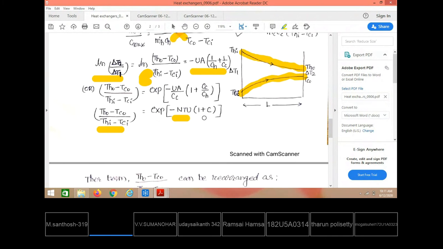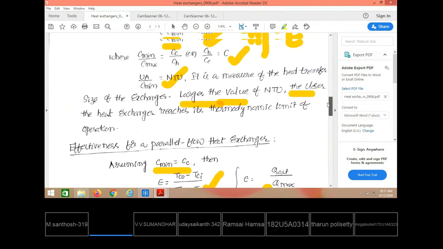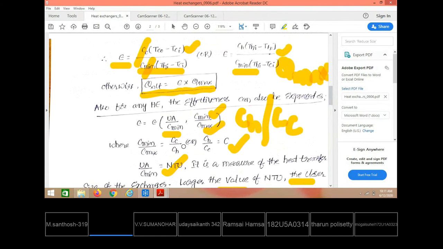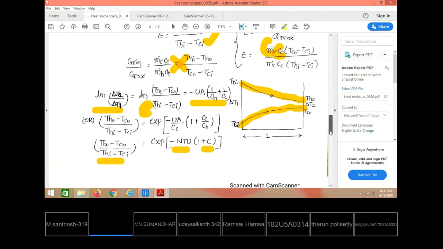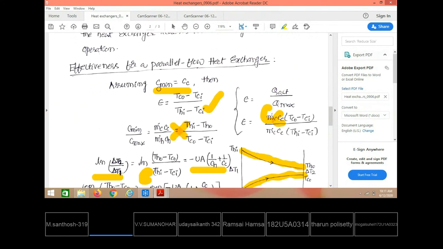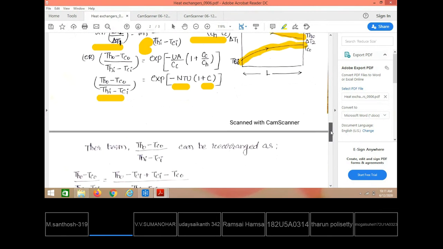Cc by Ch is the heat capacity ratio, C. UA by C minimum equals NTU, sometimes also written as N. Since Cc is the minimum, UA by C minimum gives NTU times (1 plus the heat capacity ratio, C minimum by C maximum).